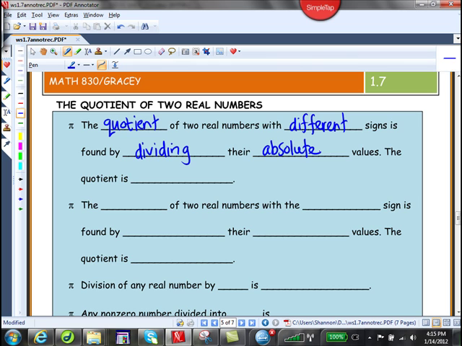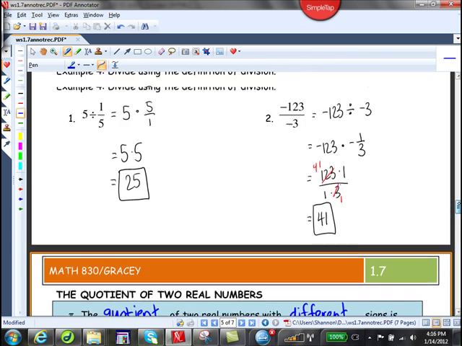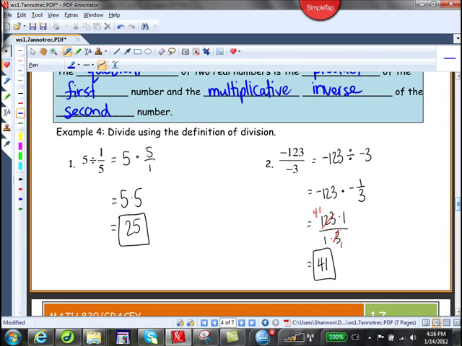The quotient is negative, as we saw above. On which example was that? Actually, I apologize, we did not have an example of that one.